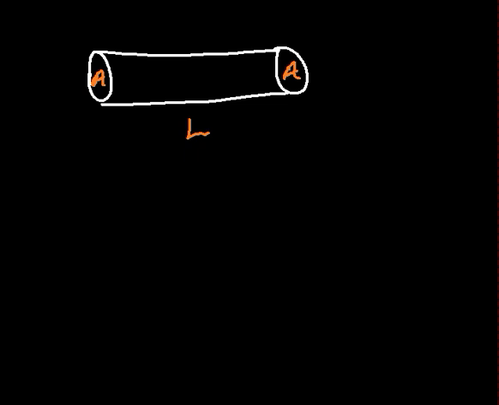So now let's think of applying heat onto this section, let's say given as Q. If that is the case, then let's say the temperature in this end is given as T1.